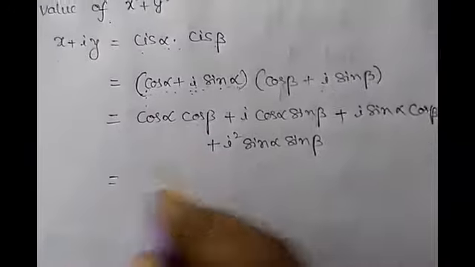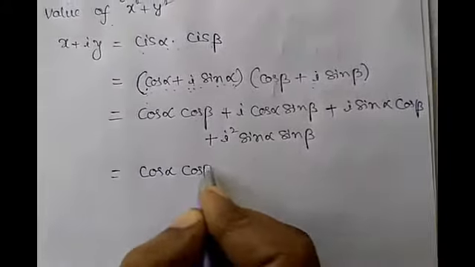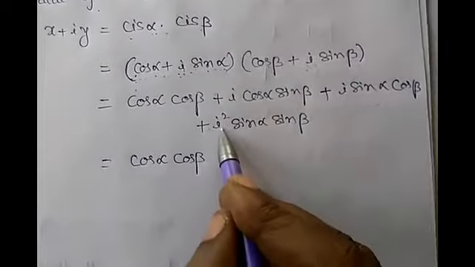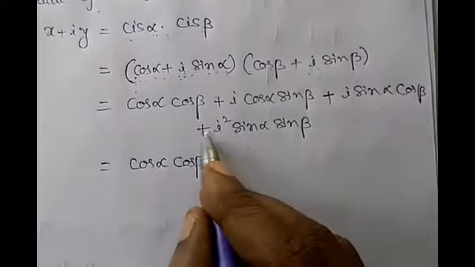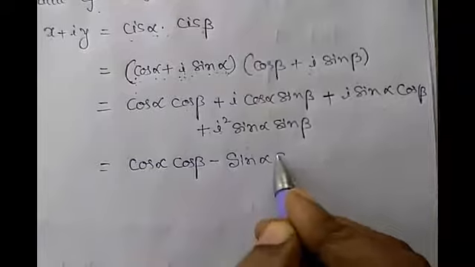Now simplifying this, you get cos alpha cos beta, cos alpha and cos beta write as it is. Here, what is the value of i square? Minus 1. So plus into minus gives minus sin alpha sin beta.